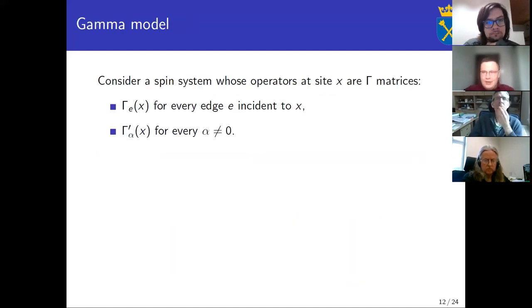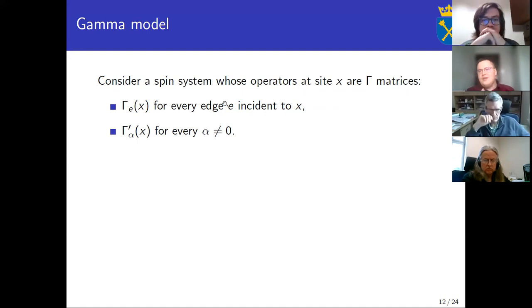And now I'm going to move to the spin system that achieves this bosonization that is desired. The system is defined as follows. At each lattice site, we will have some gamma matrices, and there will be gamma matrices of 2 types. The matrices of the first type are indexed by edges which are incident to x.